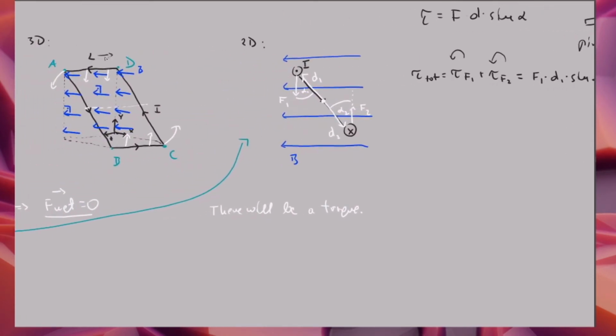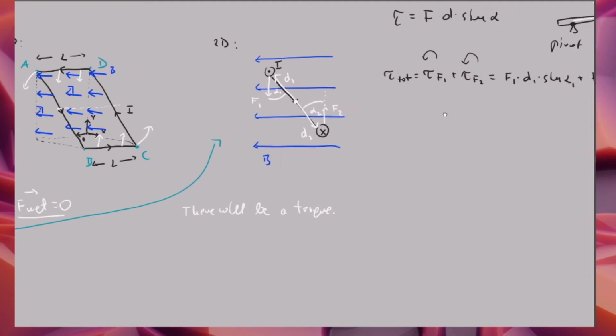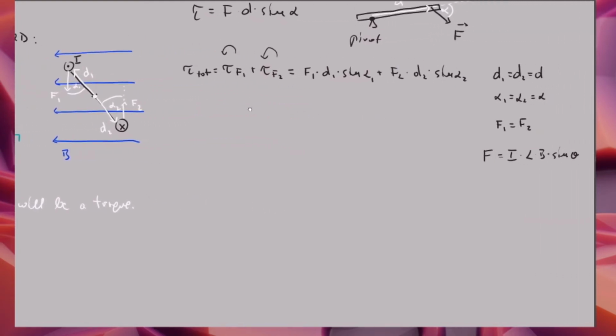The length of the top wire is the same as the length of the wire on the bottom. The two L's are the same. So I is the same on the top as on the bottom, L is the same on the top as on the bottom, and B is constant everywhere. The angle between B and I is also the same on top as on the bottom.